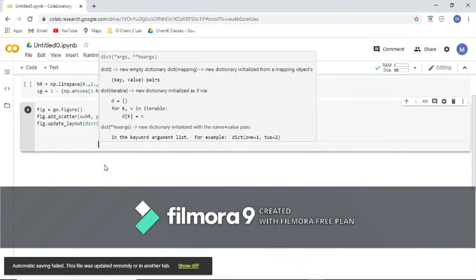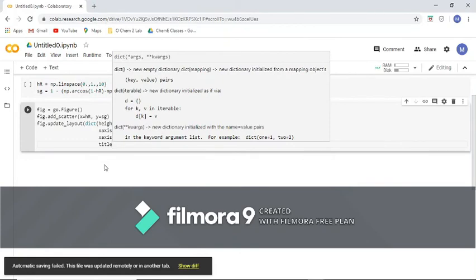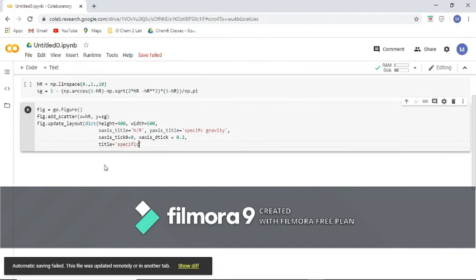Then we'll be naming our graph, and that is going to be specific gravity of a floating cylinder, or in our case a log, for varying heights h above the surface of the water level.